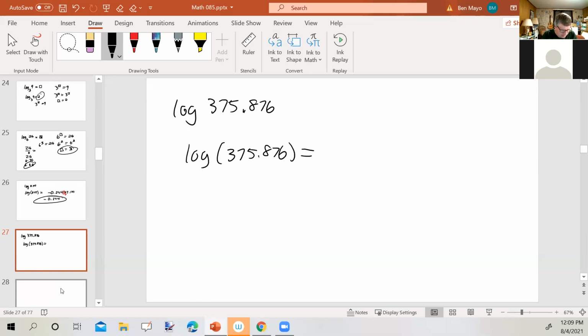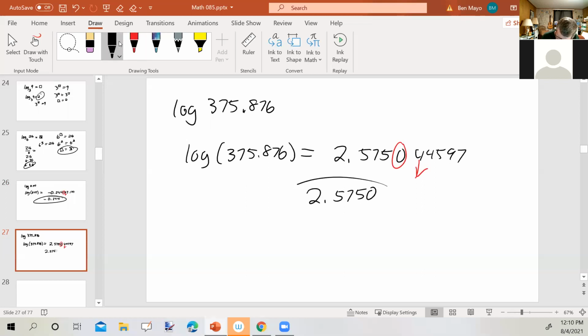Log of 375.876 equals 2.575044597. That's going to round here. The 4 rounds down, so I get 2.5750.